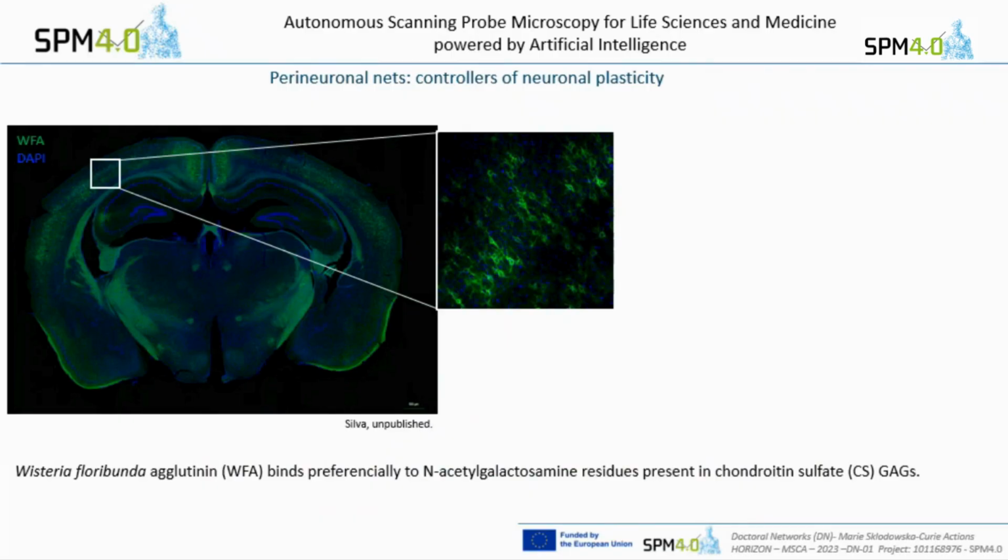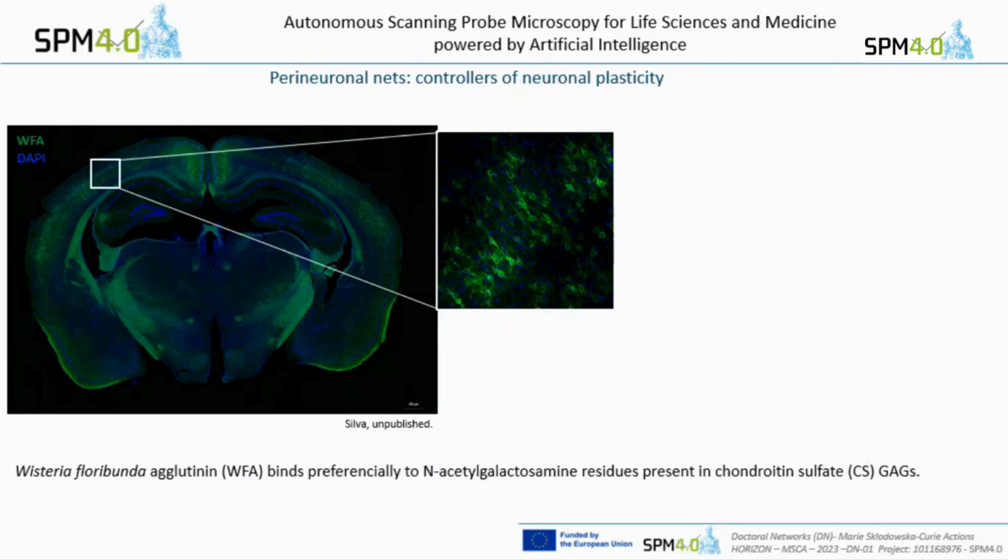Perineuronal nets are often visualized with a plant lectin called WFA. It binds to N-acetylgalactosamine moieties from the glycosaminoglycans, and we can see generally the delineation of the neuronal bodies and a bit of the dendrites if we zoom in. Here from the mouse brain, you can see that the cortex is a very PNN-rich region.